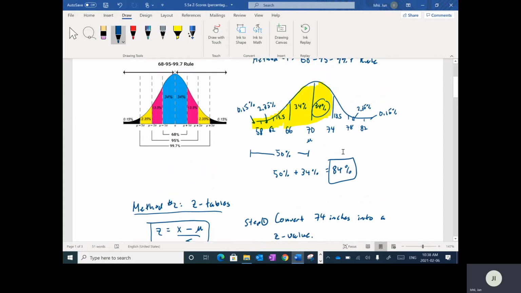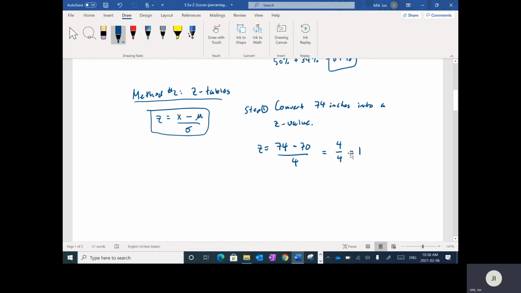So as an aside, if I was to plug in, let's say 62 for X, so 62 minus 70 over 4, I should get a Z value of -2, because it's 2 standard deviations to the left in the negative direction. So this would be a Z value of -3, -1. The mean itself would be 0, and positive 1, positive 2, positive 3 for the other Z values. Okay, so for this question, we're answering the 74, so that is 1 standard deviation away. That's why I get a Z value of 1.